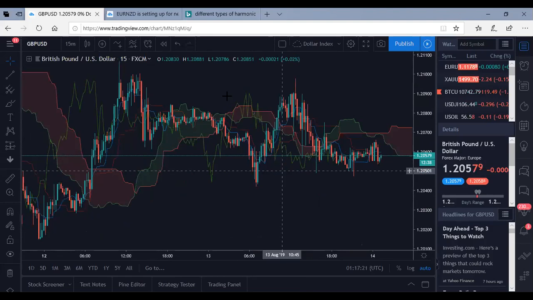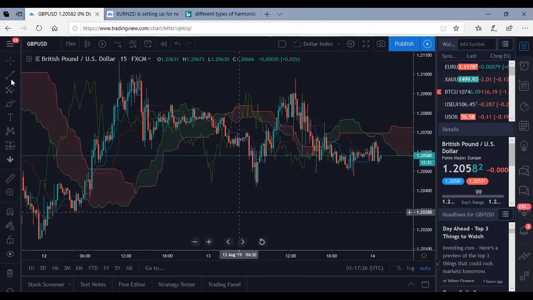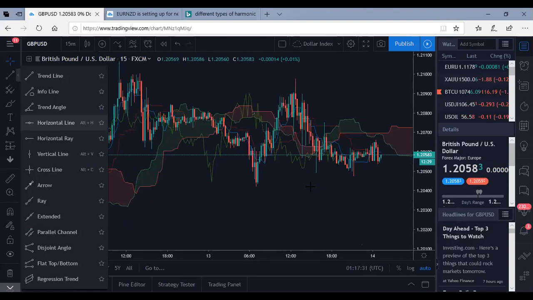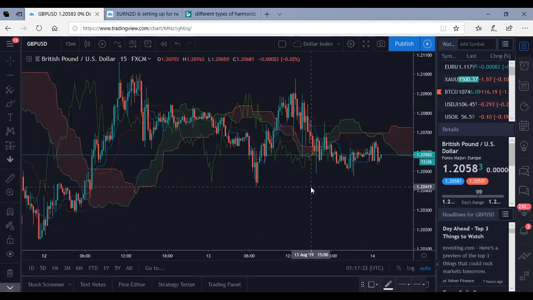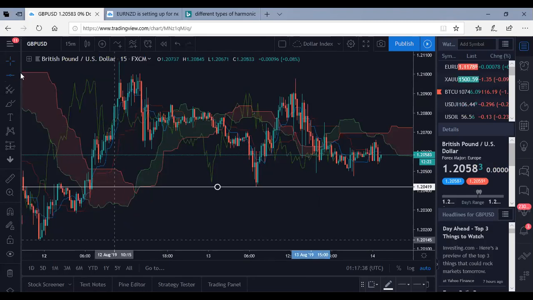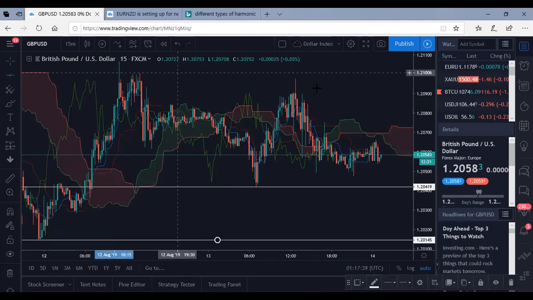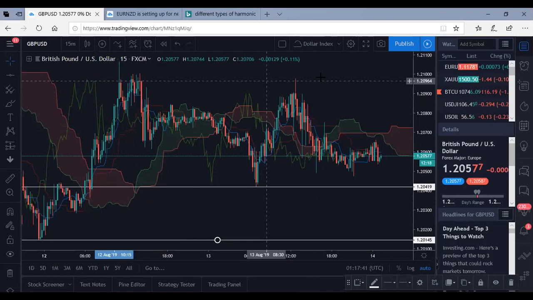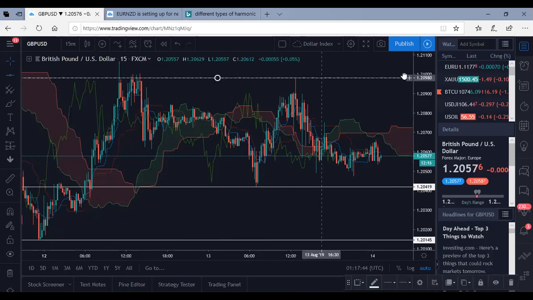All right, let's see. So let's draw up some regular support and resistance lines. Because really step one is just drawing up your support and your resistance lines, right? And then you dive into the patterns, right? You dive into the patterns.